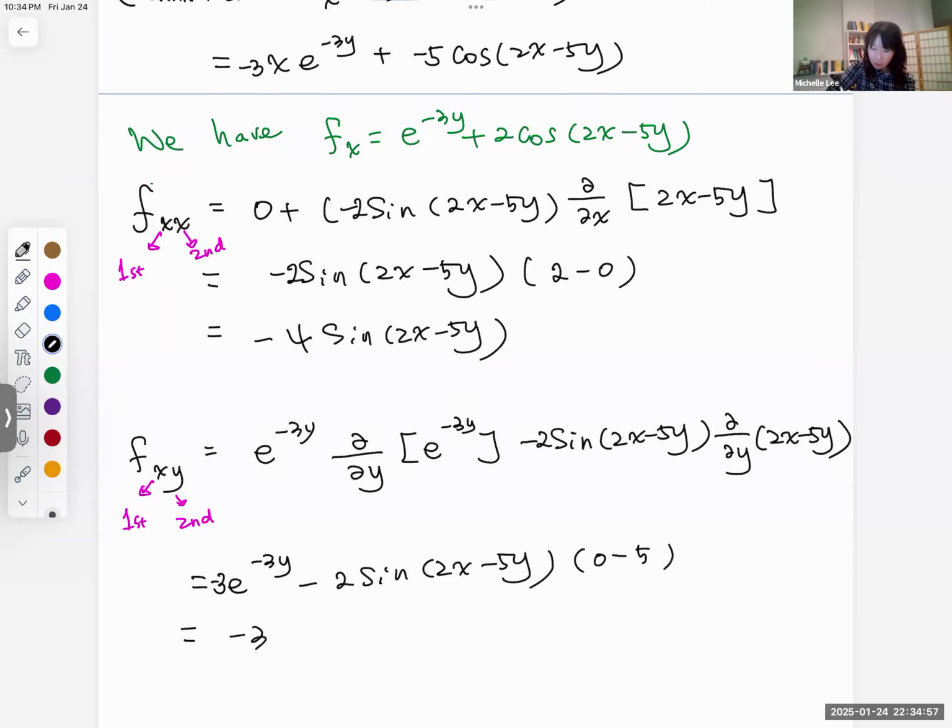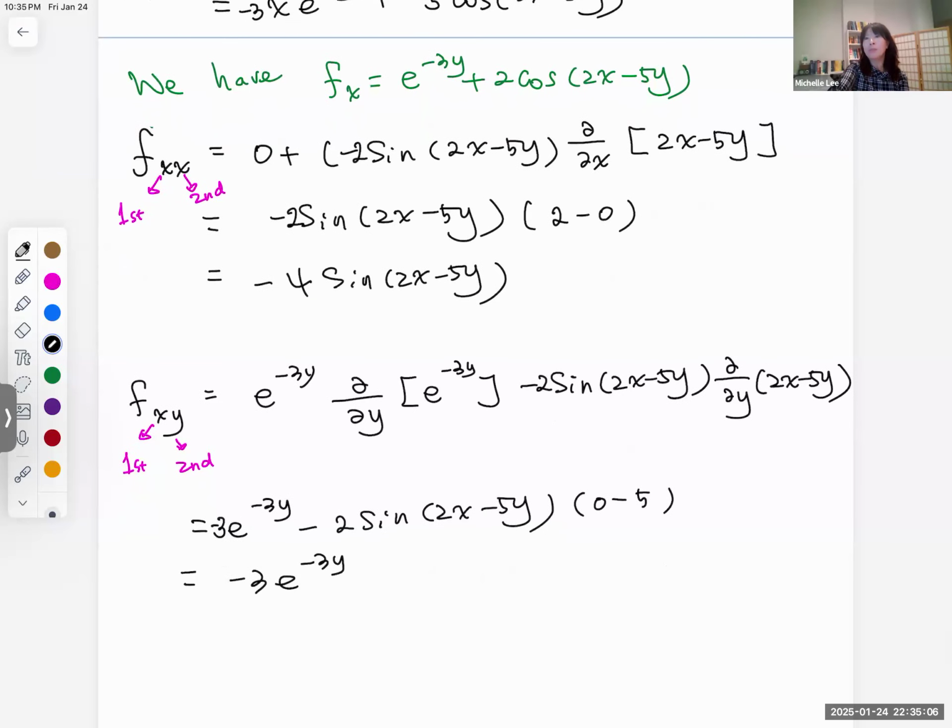So that would be negative 3 e to the negative 3y, and minus times minus is positive 10 sine of 2x minus 5y.